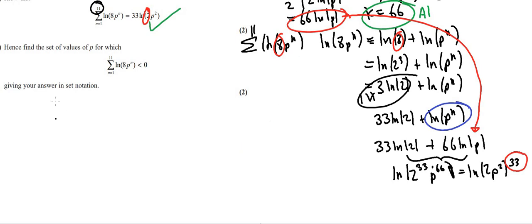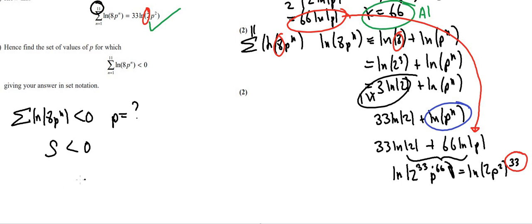Now the last bit. We've got to show what values of p this is correct for. How do we do that? We know the sum of this series has got to be less than 0, which means 33 log of 2p squared is less than 0, because that was our answer from part B. So we're putting our answer from B into this.